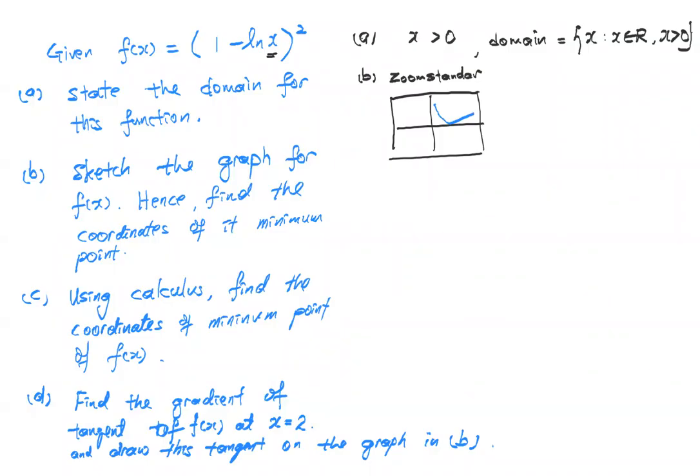So after this, what you do is you go to the window. You go to window, you change, because the graph is only at this part, right? So I change the window, I change my x minimum to 0, okay, and I change my y minimum to 0 also.